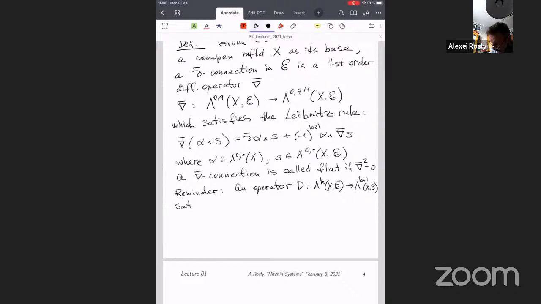Satisfying the Leibniz rule of the following form. And here is the main difference, that in the first place there is a de Rham differential, not Dolbeault. And the rest is the same.